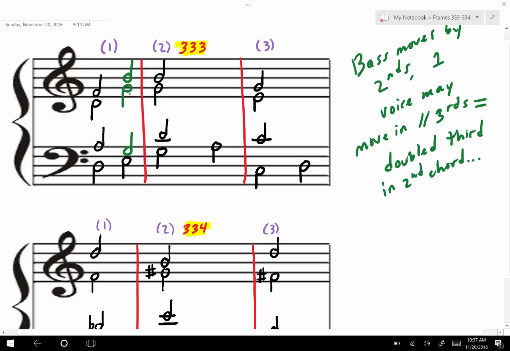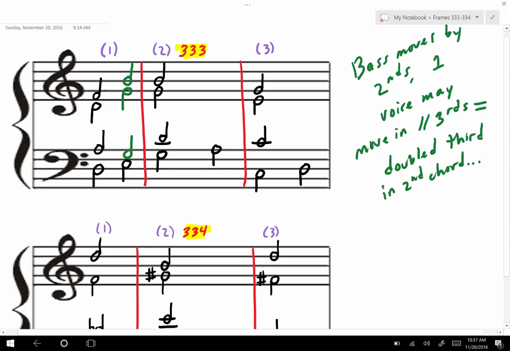However, let's look carefully at this interval that the sopranos are singing. That interval from an F to a B, that's an augmented fourth, and that's forbidden. So how are we going to solve this?